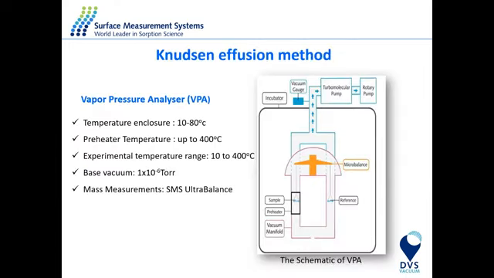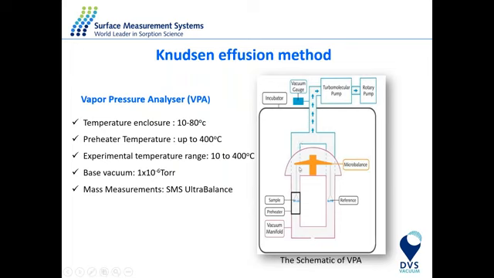Now, for this method, we're using the apparatus called the vapor pressure analyzer. We have the temperature enclosure, which allows us to control the temperature in the range between 10 to 80 degrees.